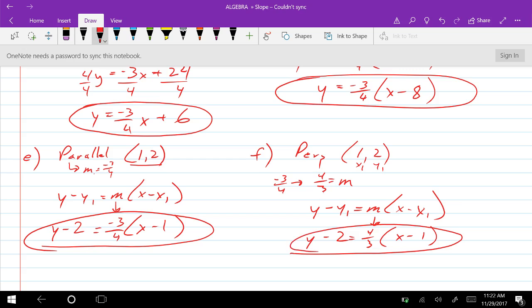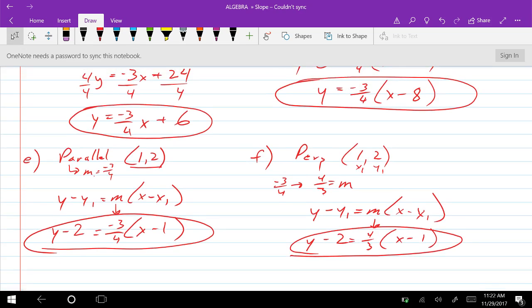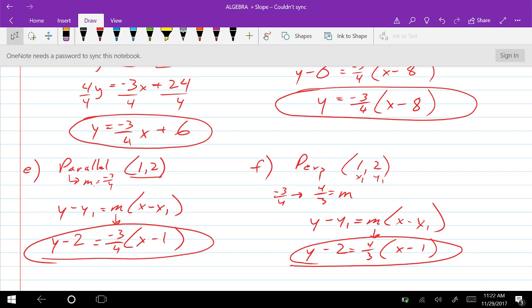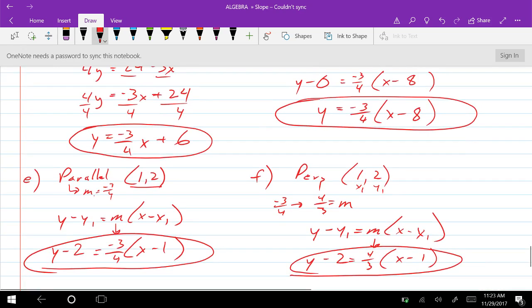And that's it. So, what I know is I need to draw my parallel and also my perpendicular. My parallel goes through 1, 2. So I'm going to find that. Parallel should have the same slope, which was negative 3 over 4.